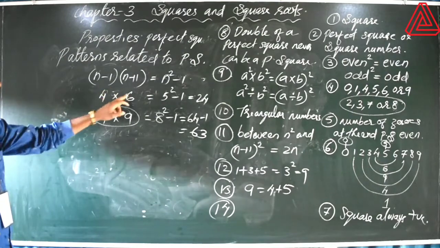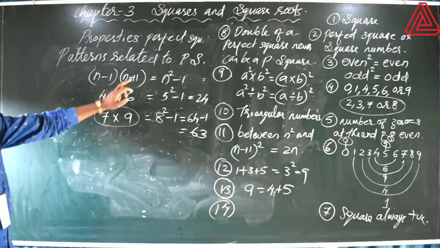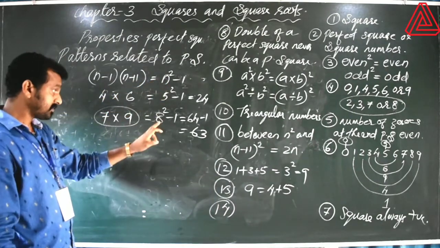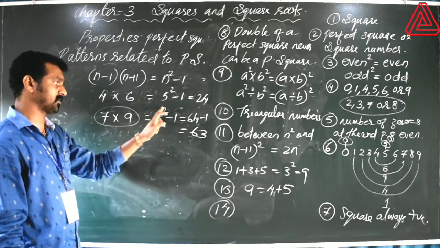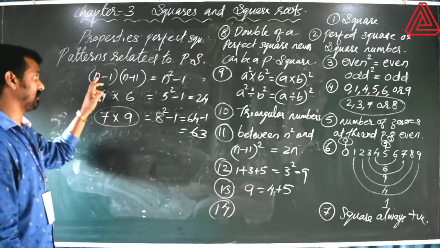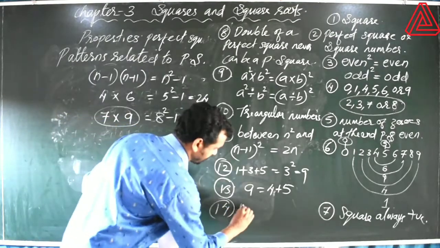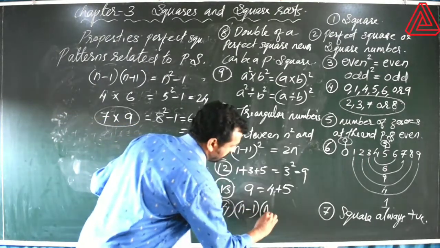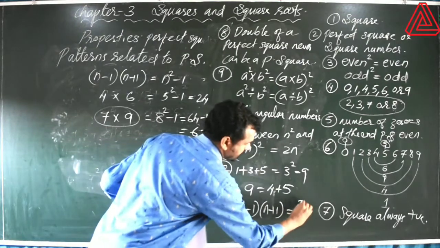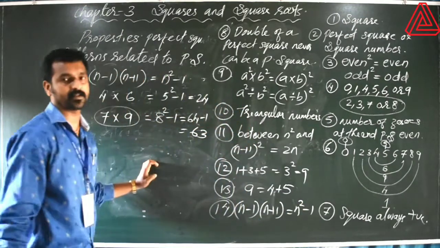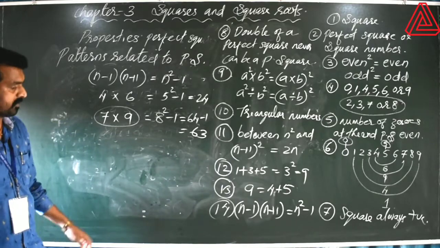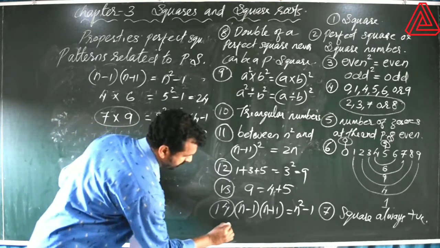So the product of two consecutive odd or even numbers is equal to the number between them, squared, minus 1. In general, (n minus 1) into (n plus 1) is equal to n square minus 1.